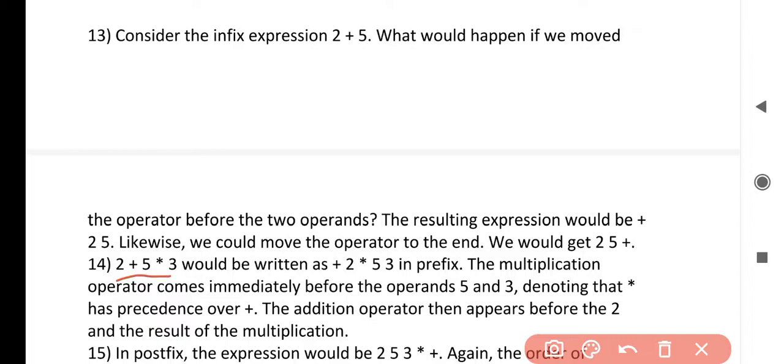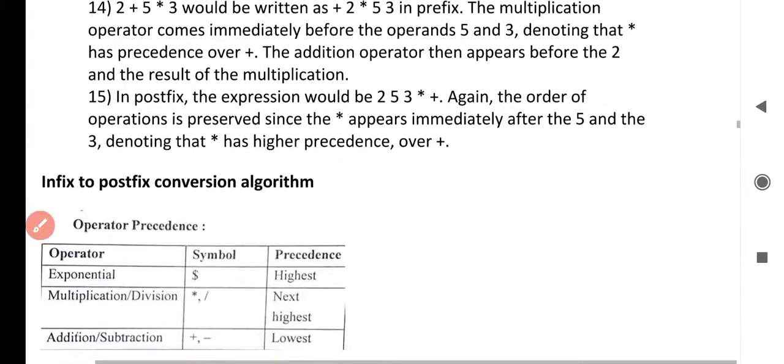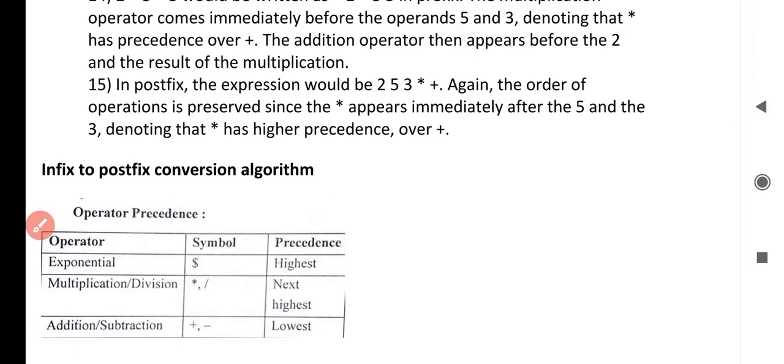That means multiplication will be done first and the answer of that multiplication will be added to 2. In postfix, the expression would be 2, 5, 3, into, plus. Again, the order of operations is preserved since multiplication appears immediately after 5 and 3, denoting that multiplication has higher precedence over plus.